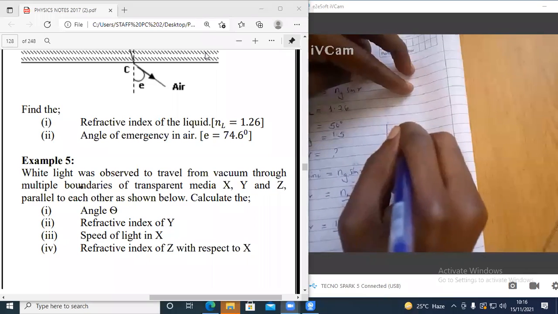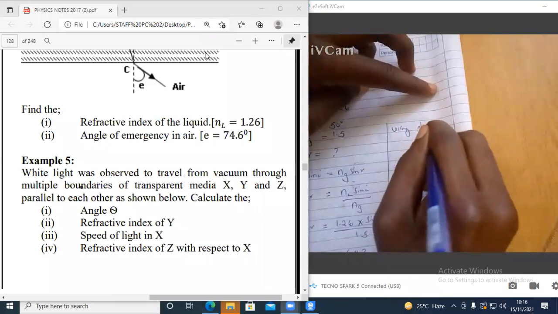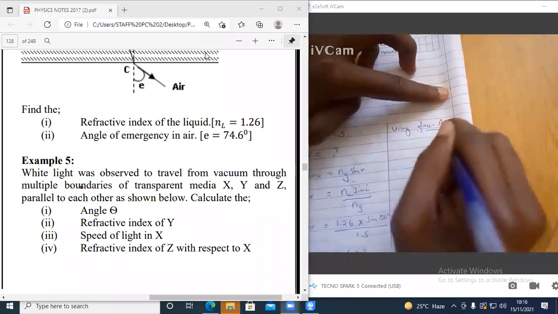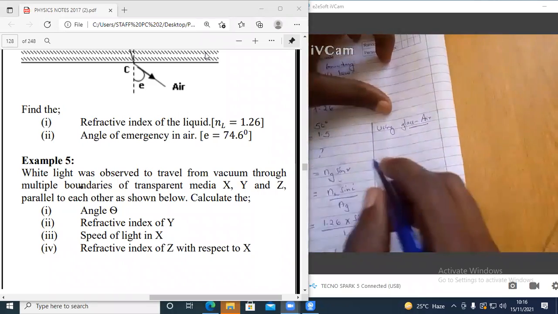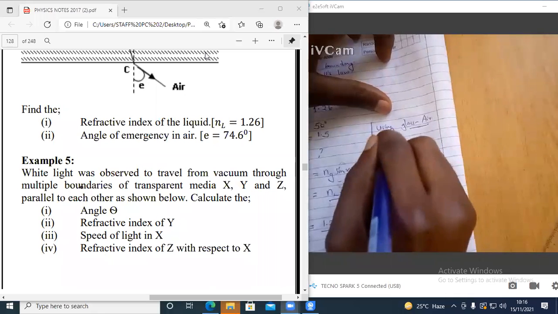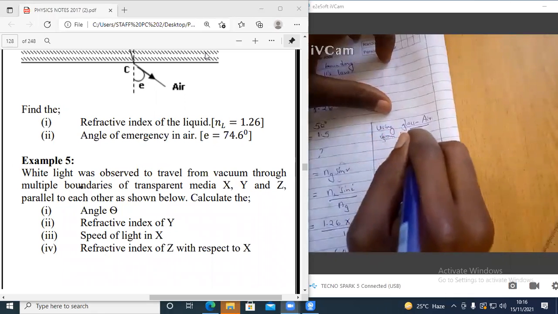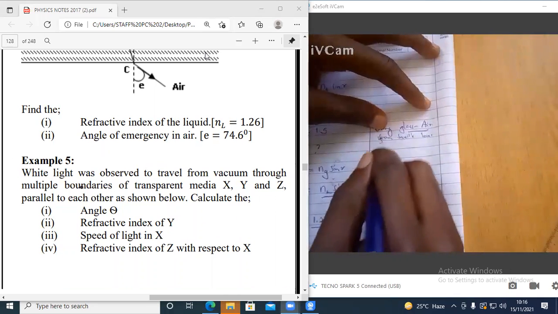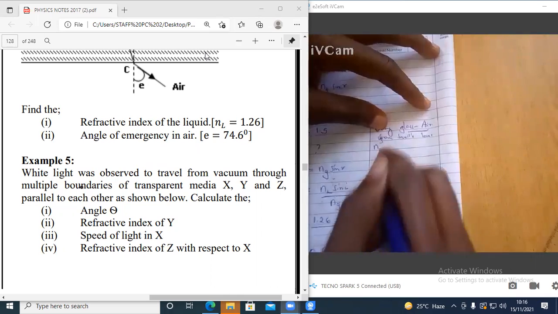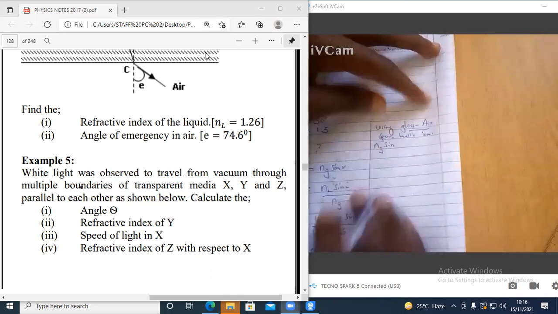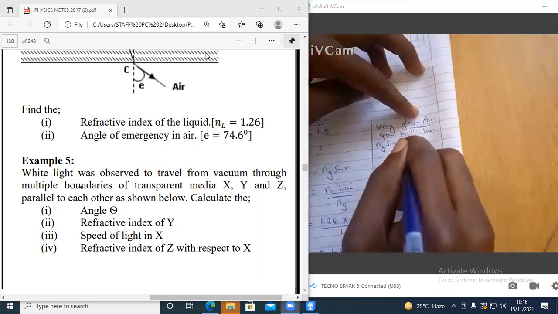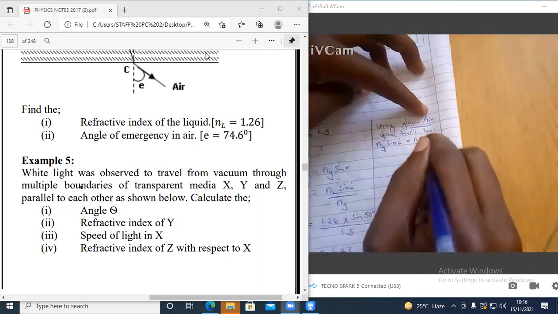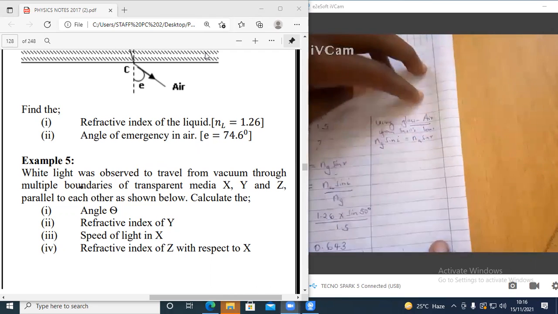So using glass and air, we shall still use Snell's law. We shall have N glass sine I equals NA sine R, that's the general formula.